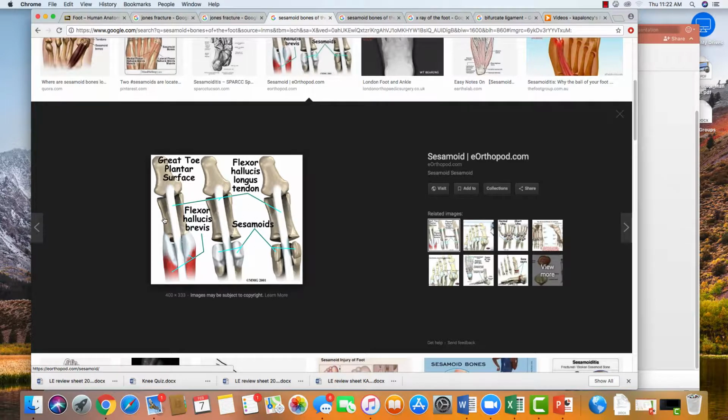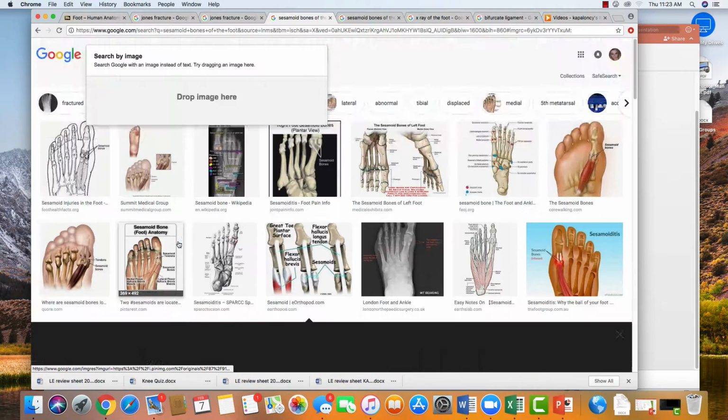It's showing you that the flexor hallucis brevis muscle comes in, and this is the flexor hallucis longus tendon, which goes to that distal part of the distal phalanx. And the sesamoid bones keep the flexor hallucis longus tendon in line and running in between that brevis. So again, brevis is here, and then it kind of comes through the middle.